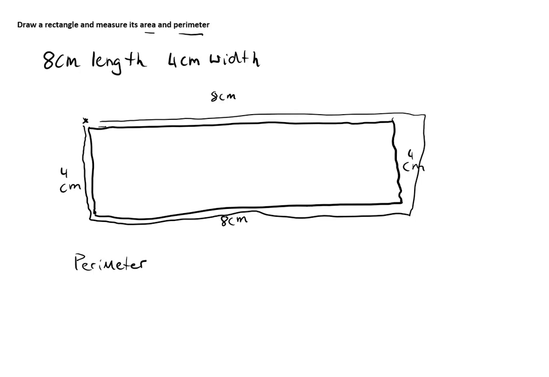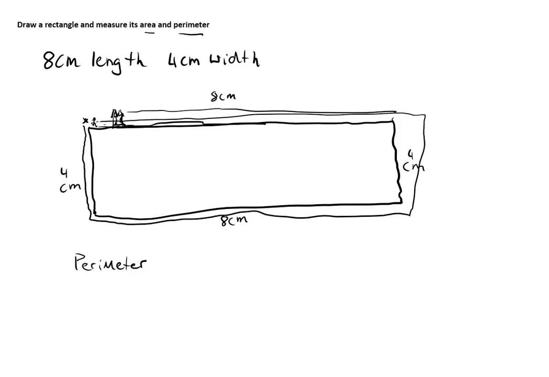So if you were to walk along this line here, what distance would you travel around that boundary? Another way to think of it then is fencing. So if you were to put fencing around your field, how much fencing would you have to put around this line, or the whole boundary of the rectangle?